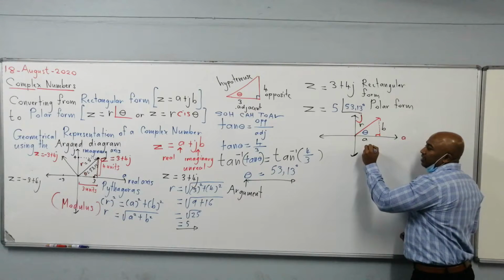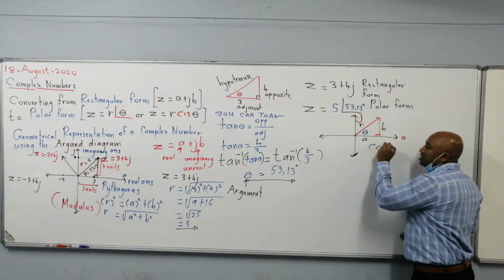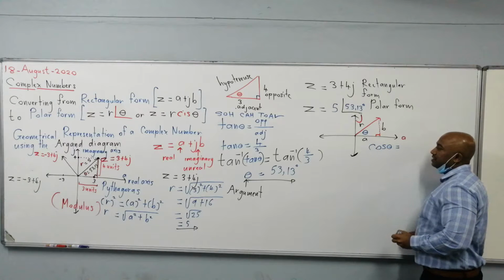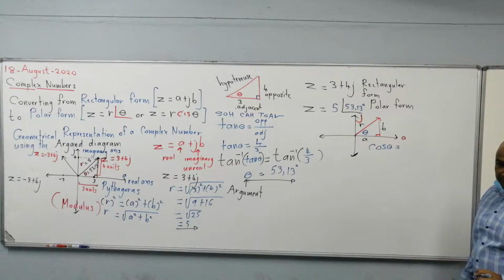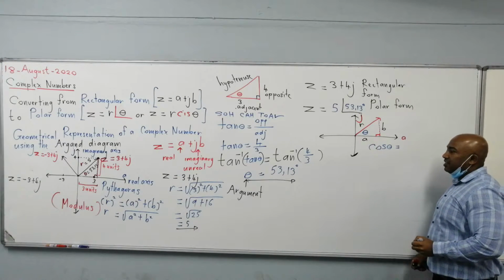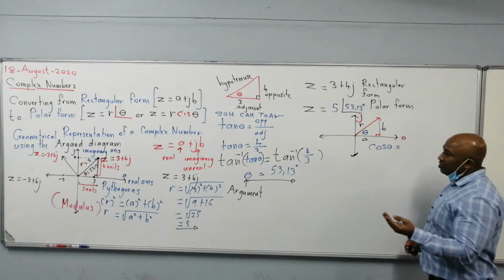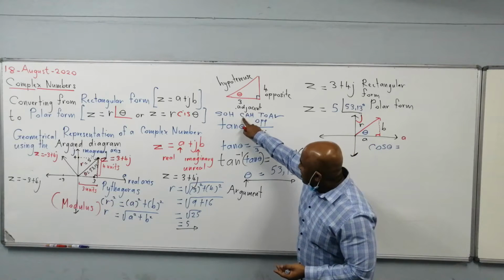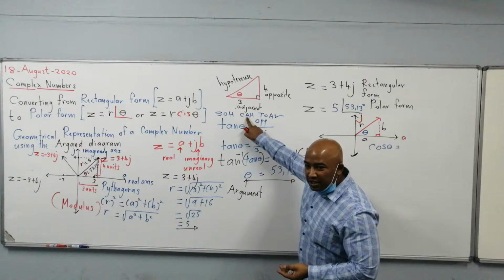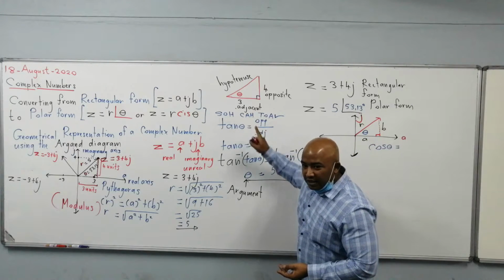Now, if I write down cos of theta, if I want to find cosine of theta, CAH, so cos is adjacent divided by hypotenuse.